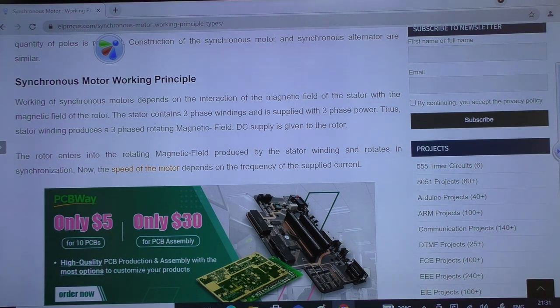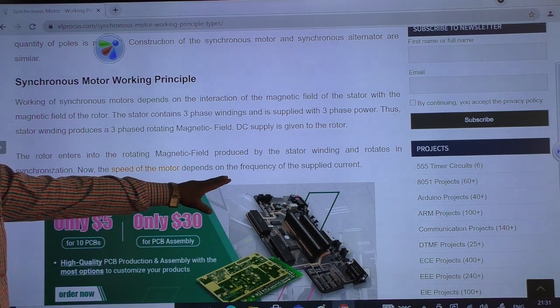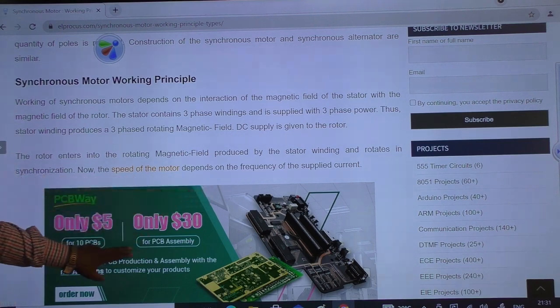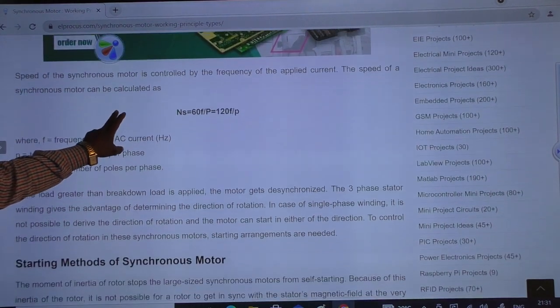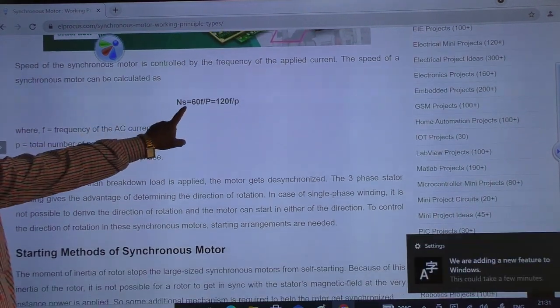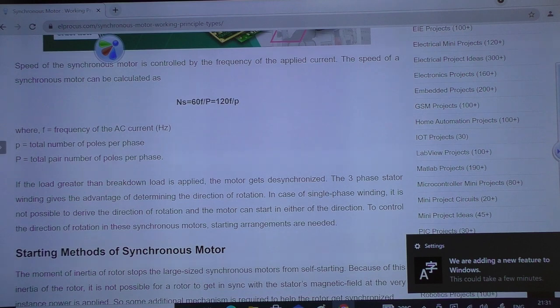Now the speed of the motor depends upon the frequency of the supplied current. Now we can see the relationship between the synchronous speed, frequency and poles.